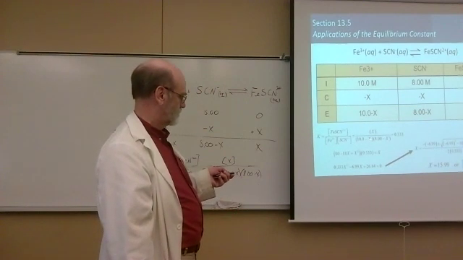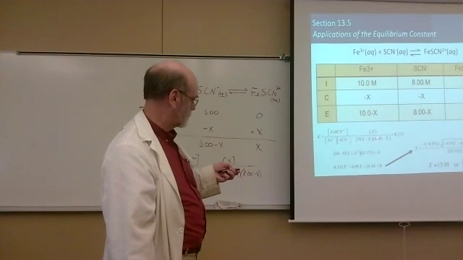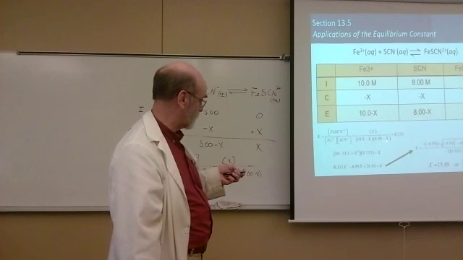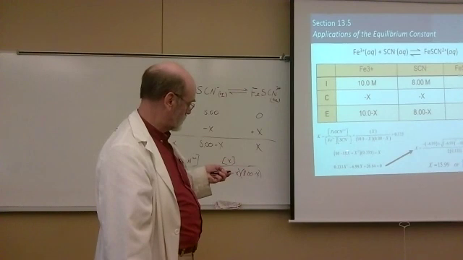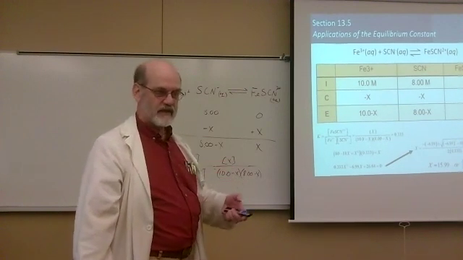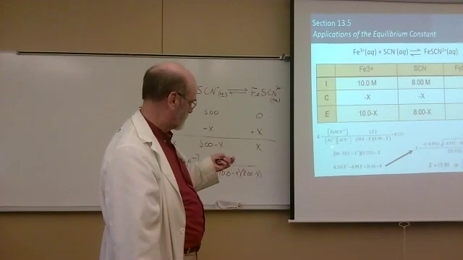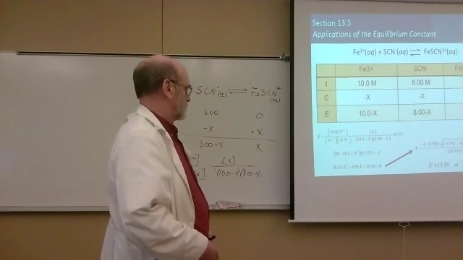And then this one times that one is a minus x times minus x is x squared. So that's where this expression comes from. Because 2 negatives make a positive, now it's x squared.